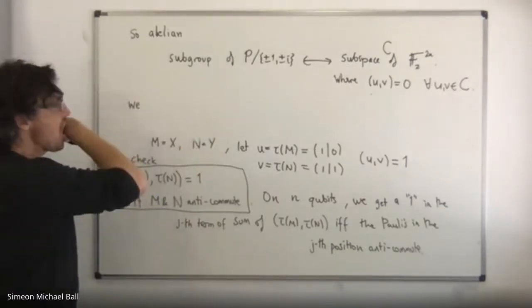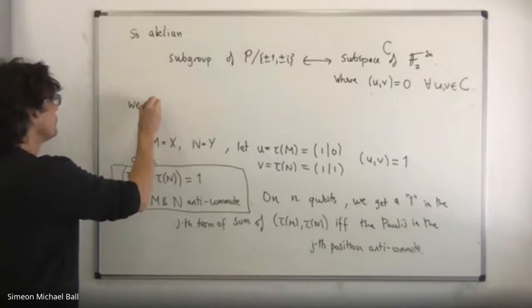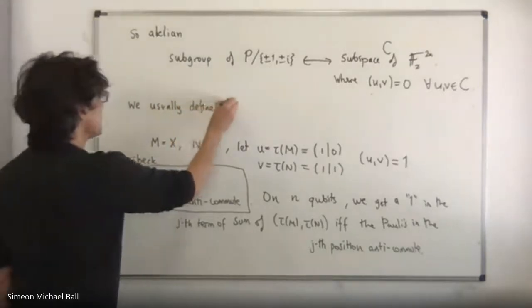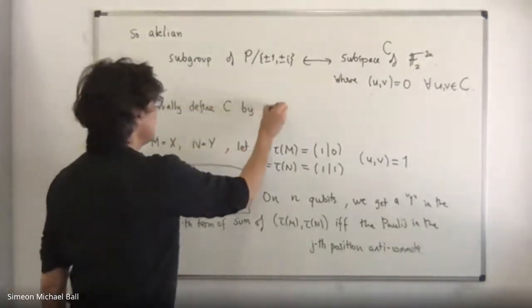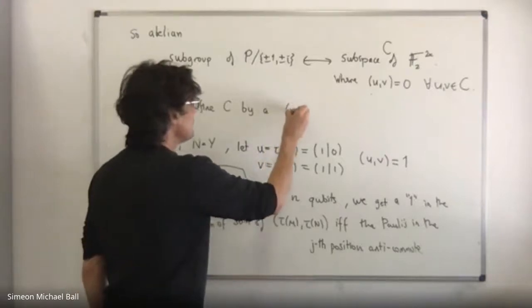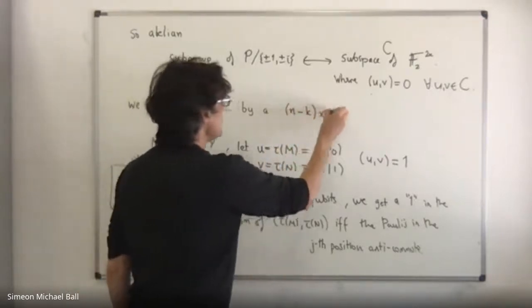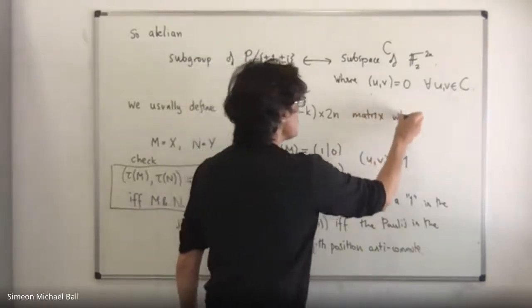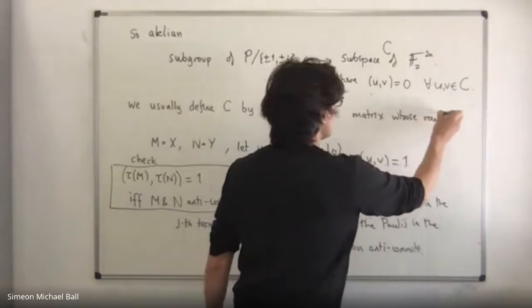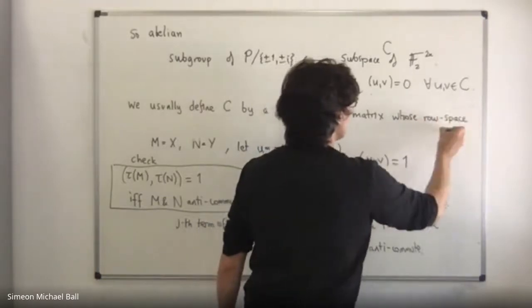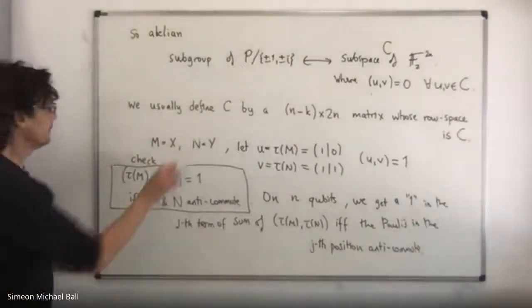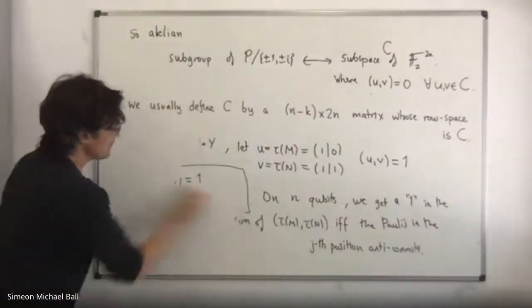We usually define C by an n minus k times 2n matrix whose row space is C. And that's called a generator matrix for the code.